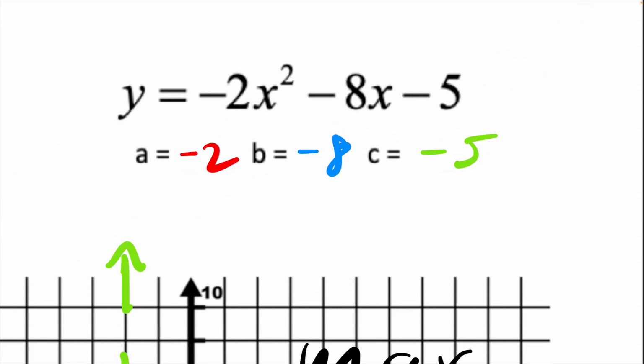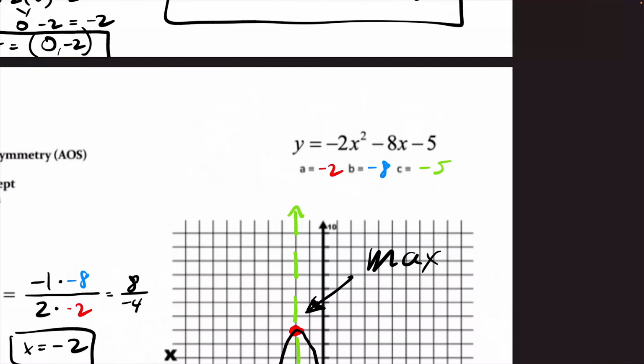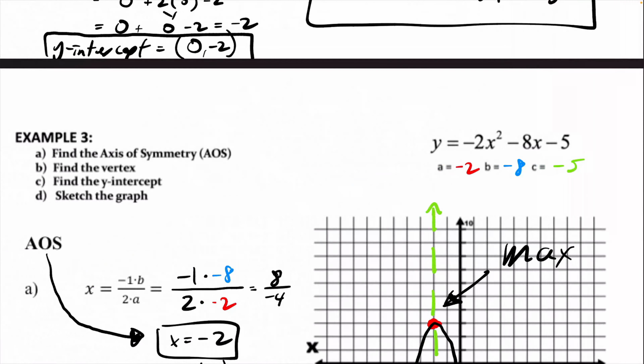Can I use these rules here? No, because it's not Vertex form, right? It's like taking a round peg and trying to stick it in a square hole. It won't fit because they're not the same. This guy didn't have A, H, and K. It had A, B, and C, so you got to use that one. Okay? So be careful with trying to fit things where they don't belong.